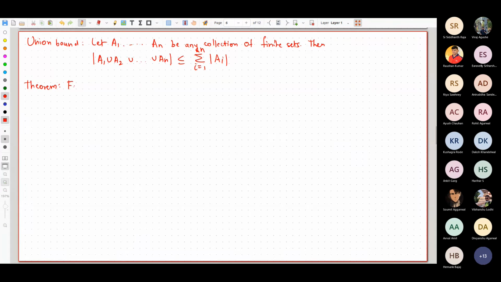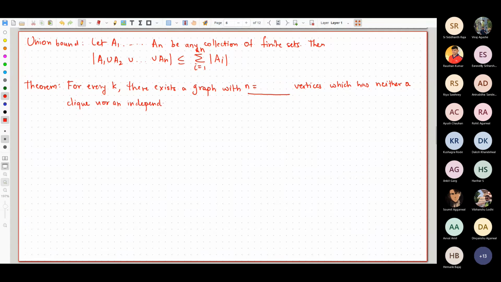For every k, there exists a graph with, I'm intentionally leaving this as a blank, we'll derive this number and then we'll come back and fill it up over here, with n equal to some number of vertices, which has neither a clique nor an independent set of size k.